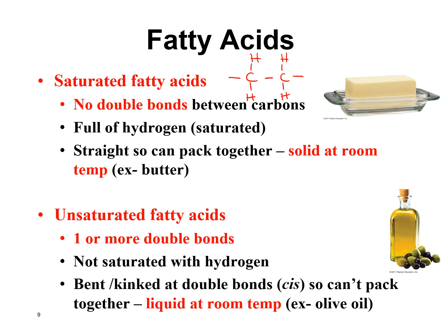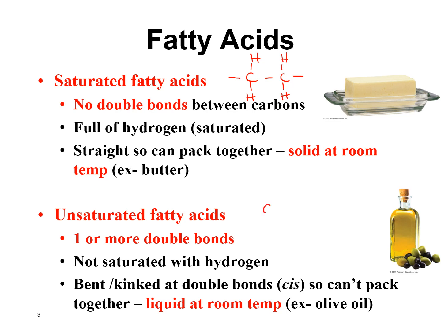So there's no double bonds between the carbons anywhere. So that just means that they're going to be straight and they can pack together, and so they're going to be solid at room temperature. So a good example of this would be animal fats, butter, those would be saturated fatty acids.